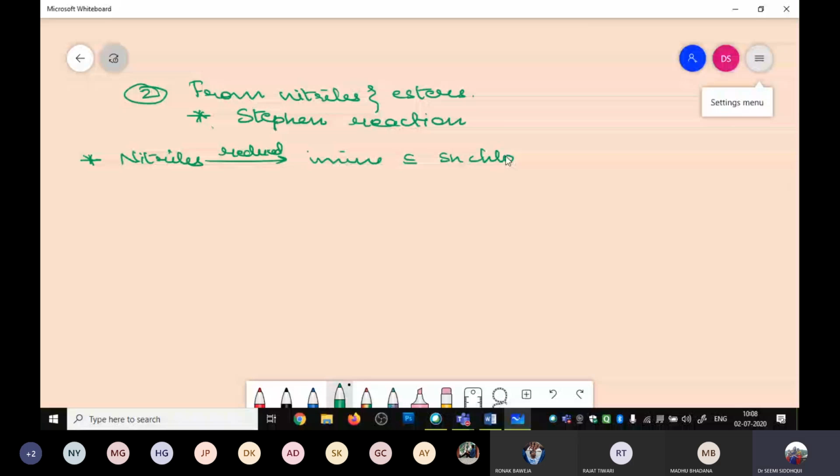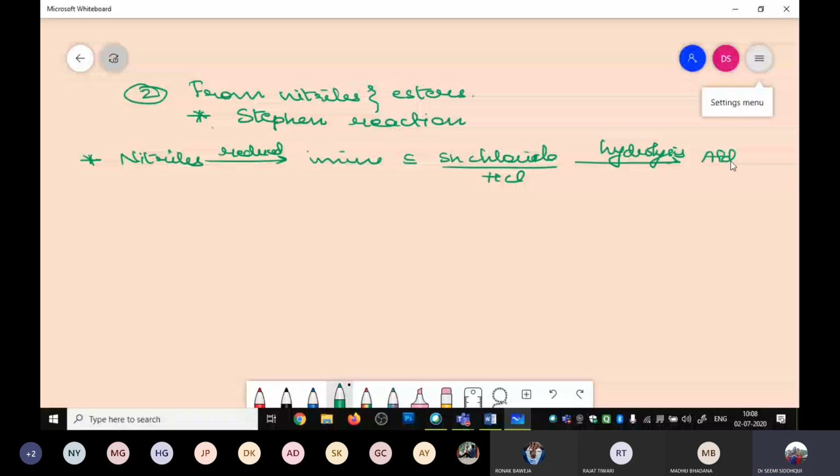When you are using this stannous chloride, there should be the presence of hydrochloric acid, which further on hydrolysis is going to provide you the aldehyde.